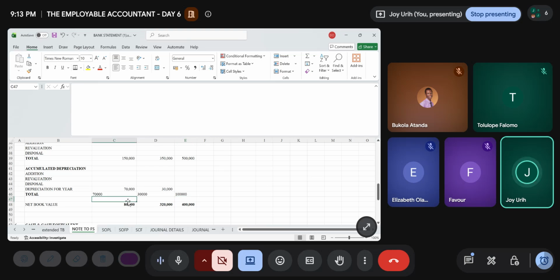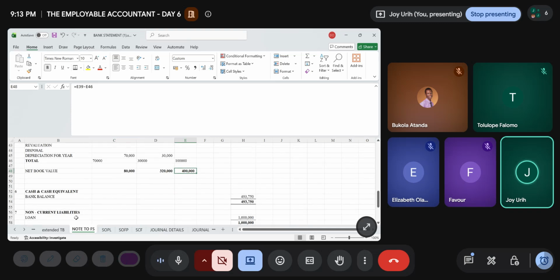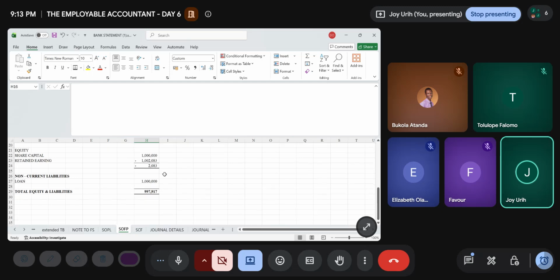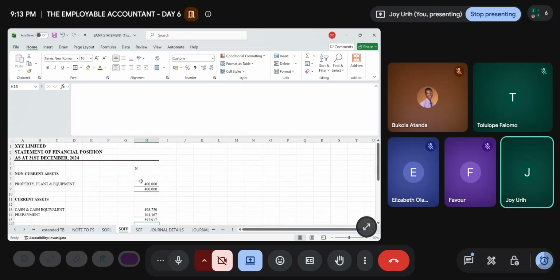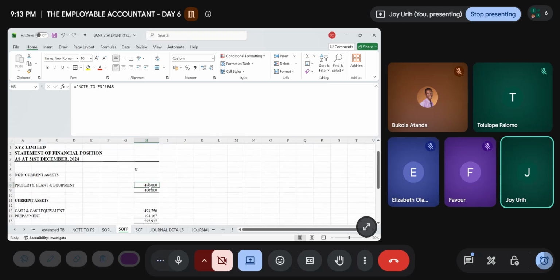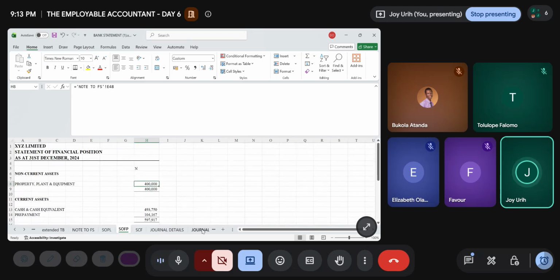So this is my net book value. My net book value has been reduced. So it will automatically appear on my statement of financial position, and everything will recompute itself. So that's it.